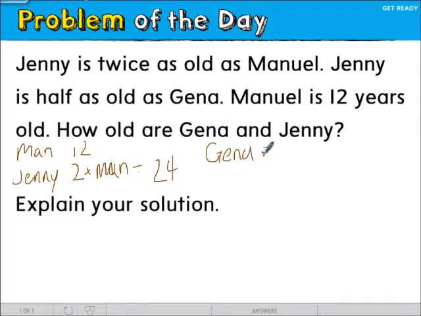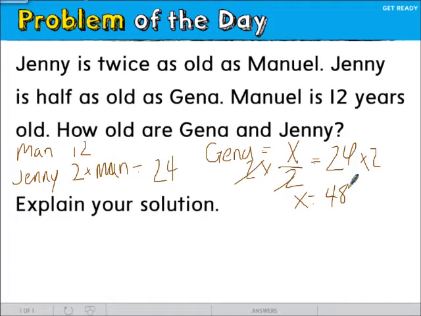So Gina is going to equal 48. Whatever her number is, x divided by 2 is going to equal the 24 from Jenny's age. So then we multiply both sides by 2. This gets rid of that. So then we have x equals 24 times 2, which is 48. Very good.